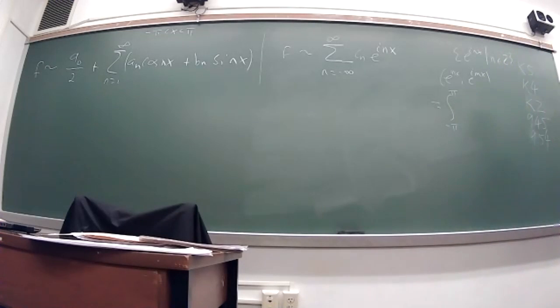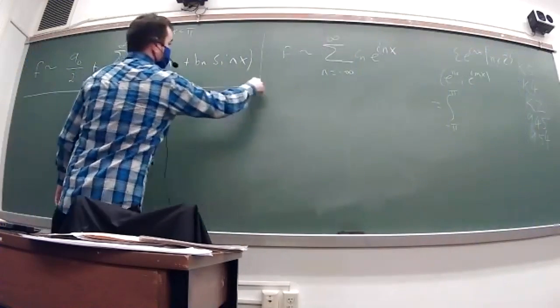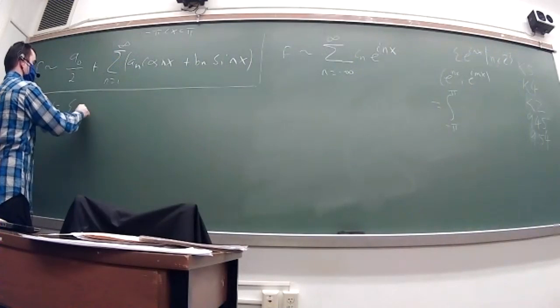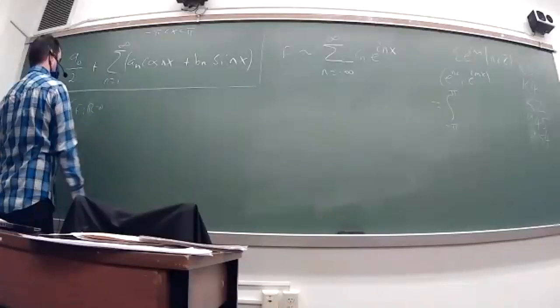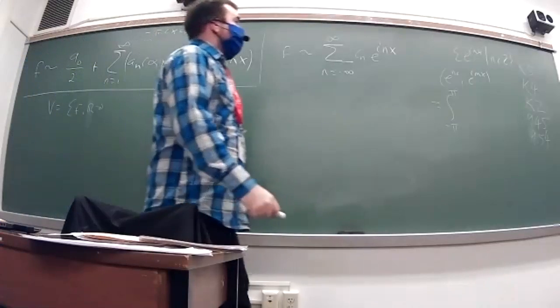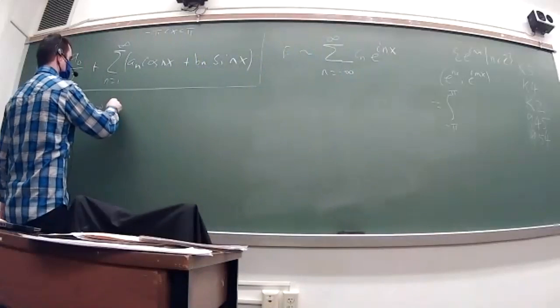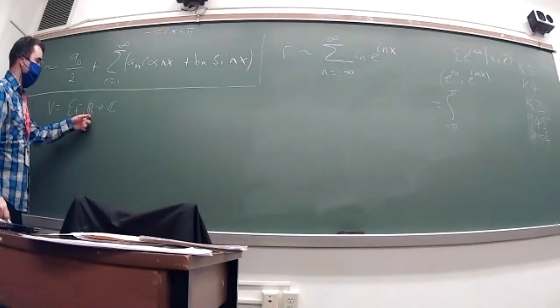Although I have to be a little bit more careful, because when you take the vector space V equals functions now from, I mean, I could say C to C, but let's be civil.